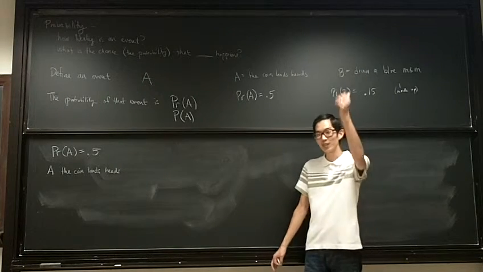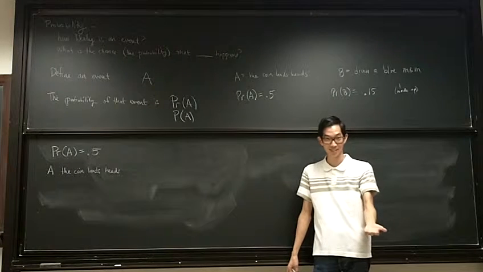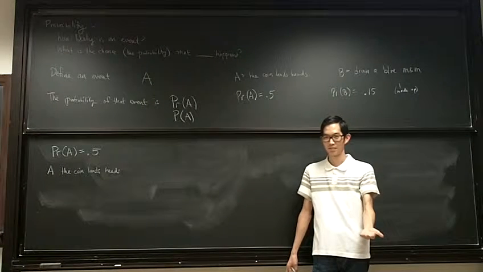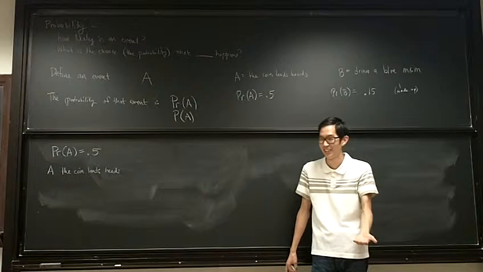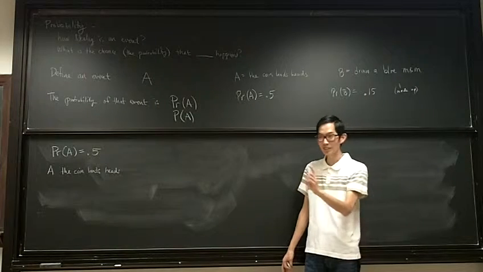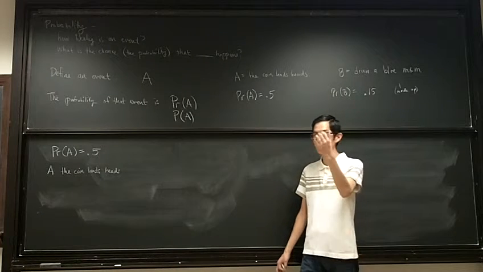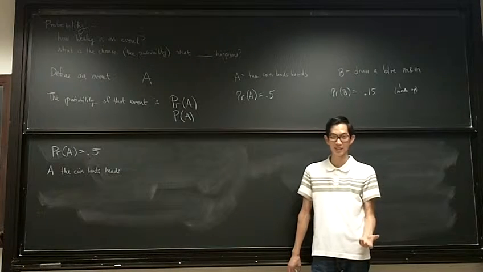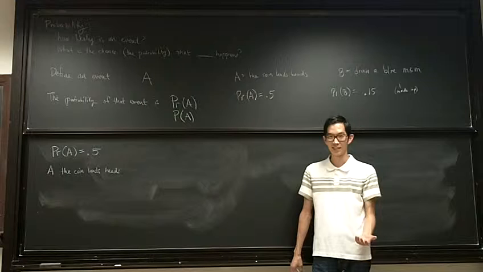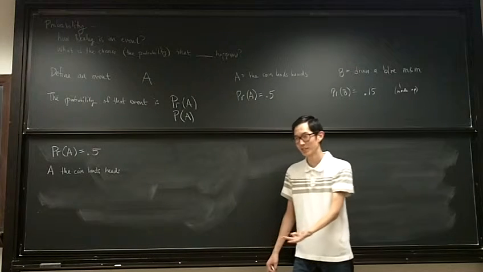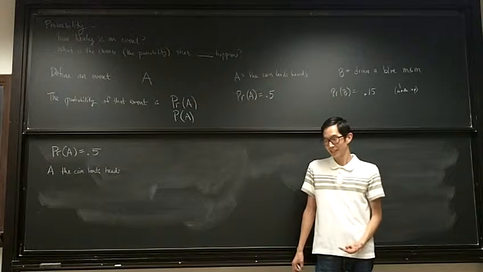Okay, so if I flip it once, how many heads am I going to see? Possibly 0.5? No. So if I flip it once, I'm either going to see 0 heads or 1 head. And if I flip it twice, how many heads am I going to see? Probably 1, but possibly 0, 1, or 2. Okay?